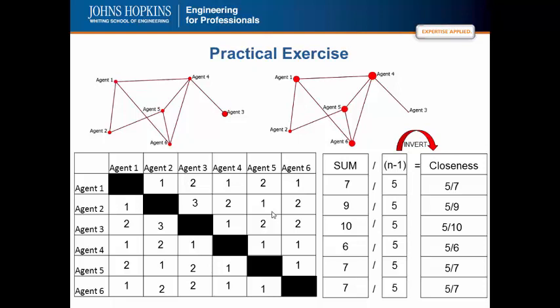We have then summed across each of the rows of the network to get the sum column, and we have divided by the number of possible nodes in the network. We then invert that average to get a scaled closeness centrality value as seen here. Please take a moment to ensure that your solution matches what is displayed. We will now continue.